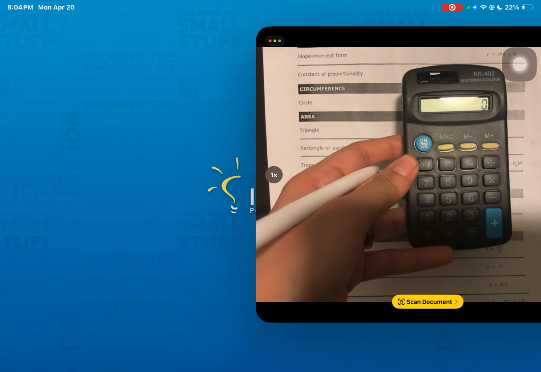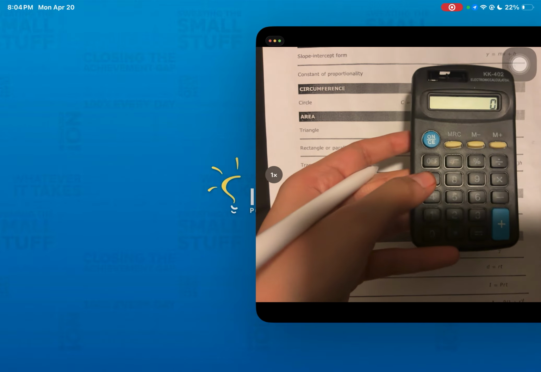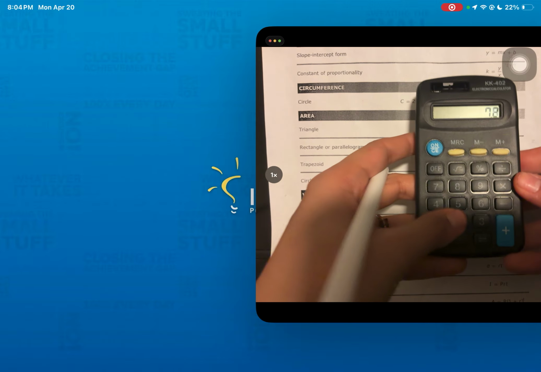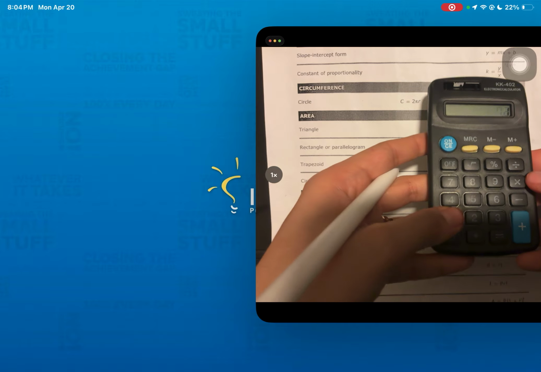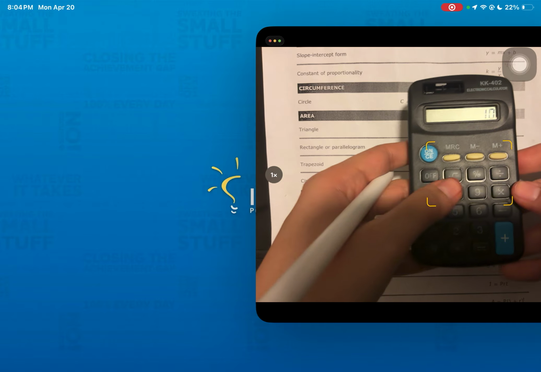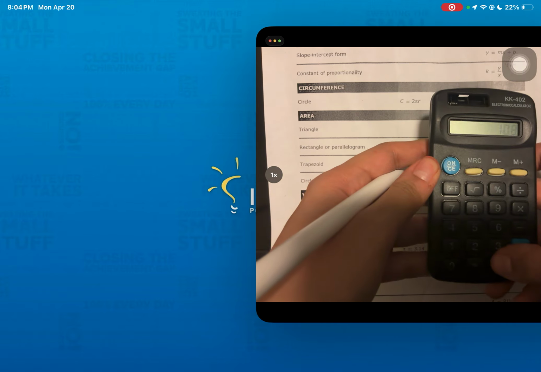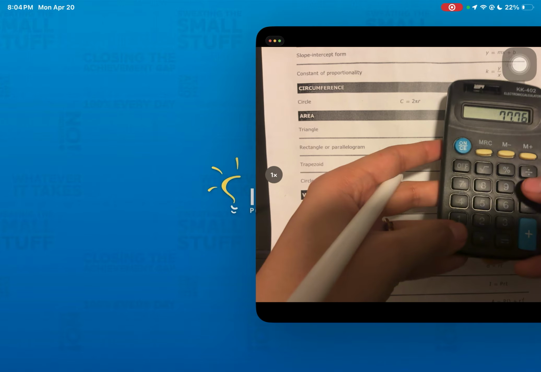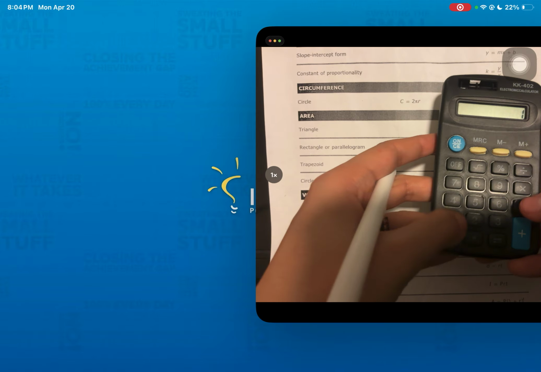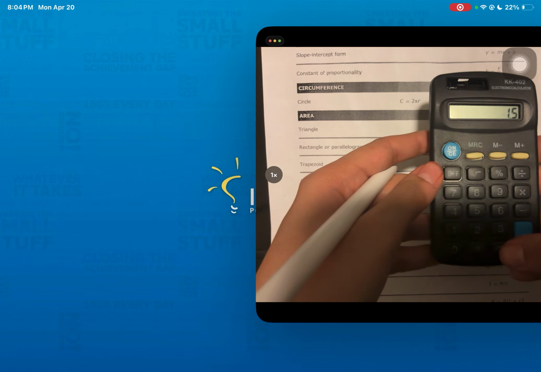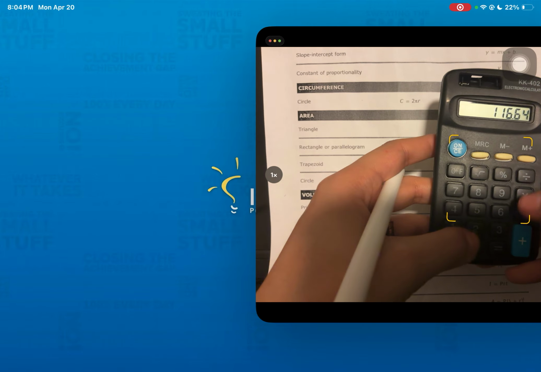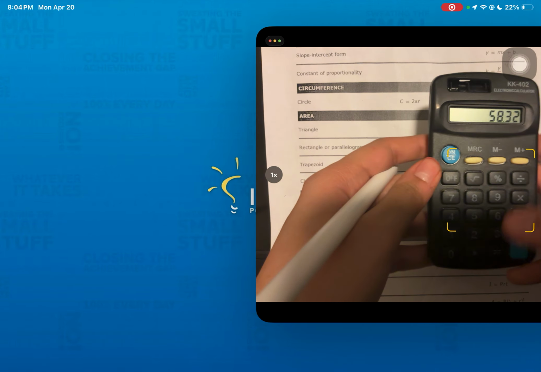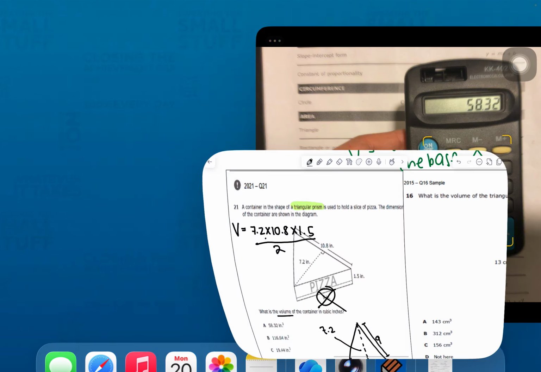All right, let me see if I remember. 7.2 times 10.8 times 1.5 divided by 2. 58.32.